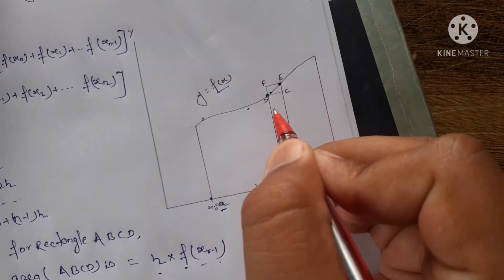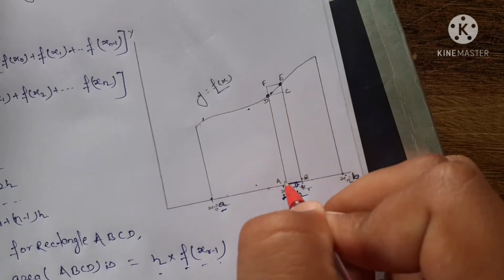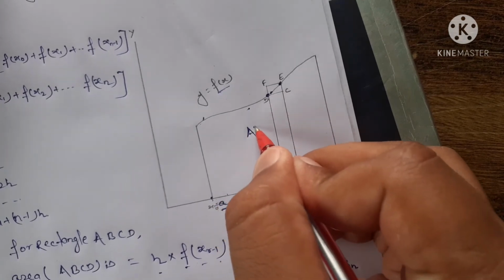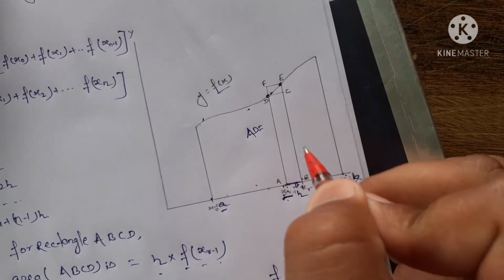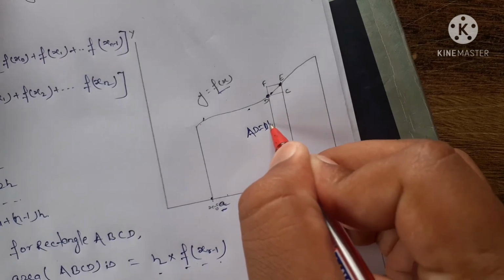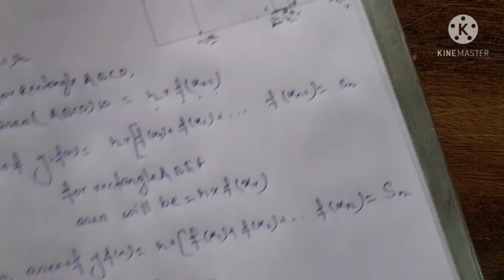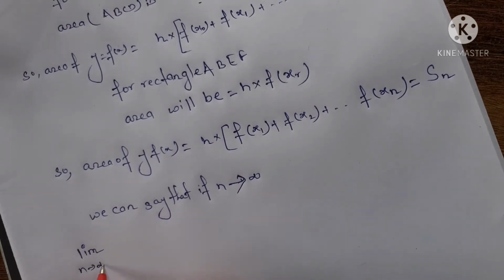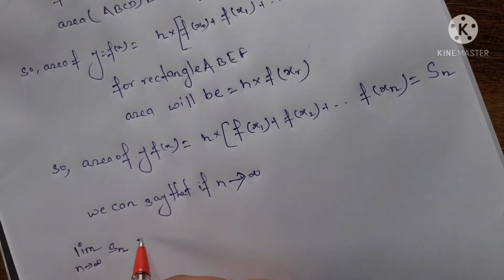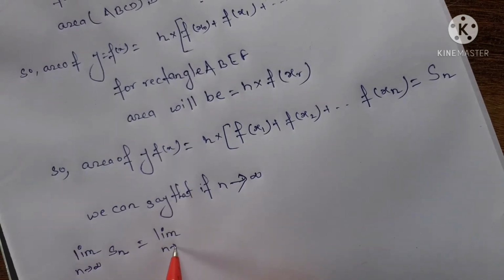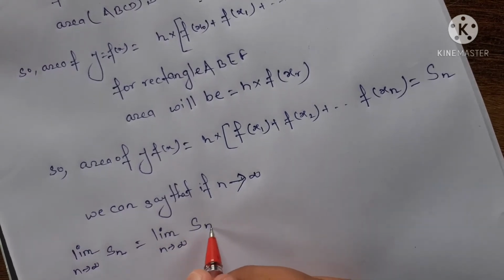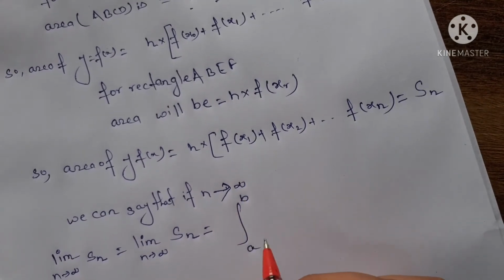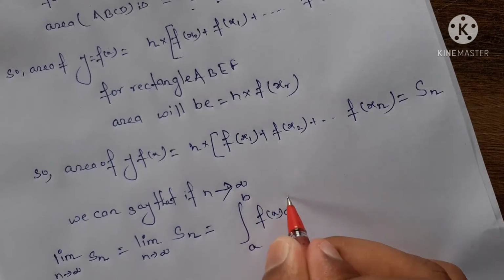E will be close to D. So the height AD will be nearly equal to B. So as n tends to infinity, we can say that limit n tends to infinity of small fn is equal to limit n tends to infinity of capital Fn, which is the integration from a to b of f of x dx.